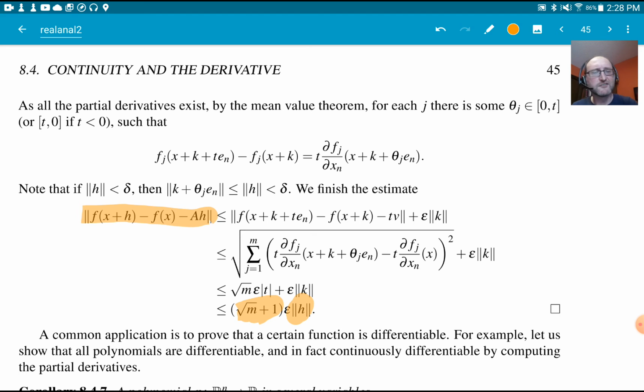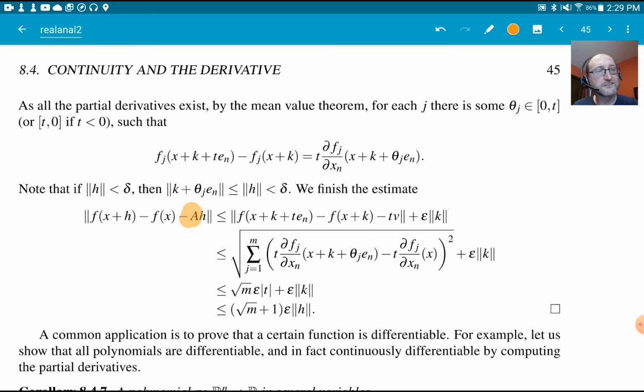If in some of these estimates, instead of getting epsilon in there, I had epsilon over square root of m plus 1, it doesn't really matter, right? I can make it arbitrarily small. So this divided by this becomes arbitrarily small, and therefore A is the derivative of f at x, which is all that I needed.